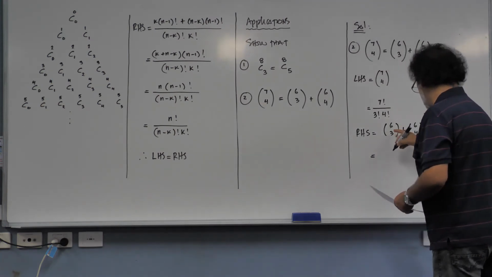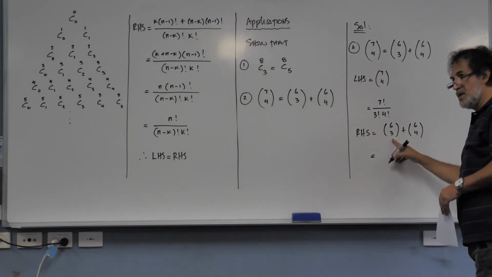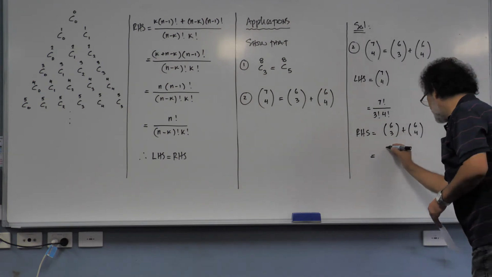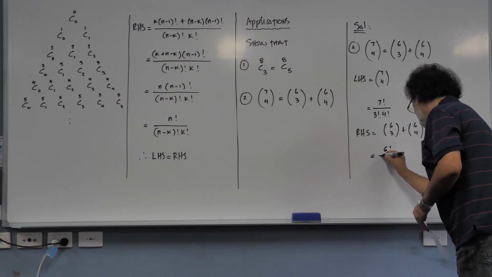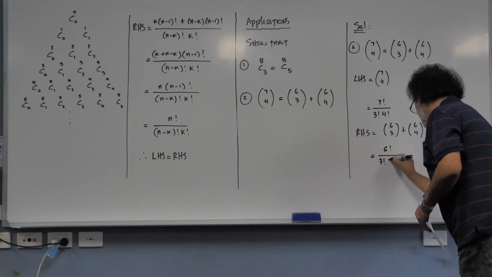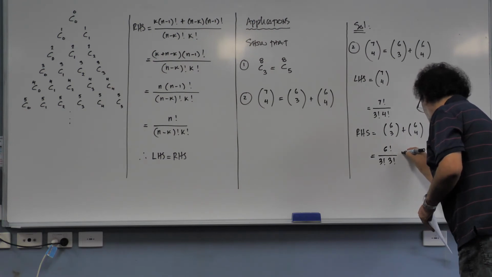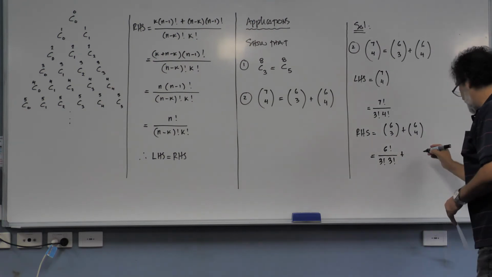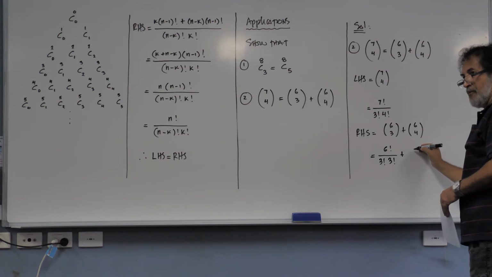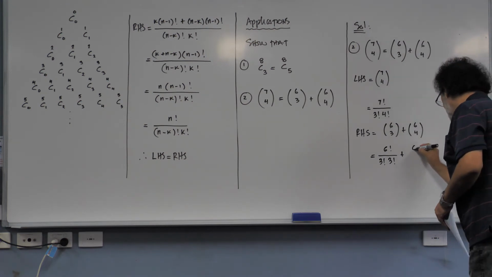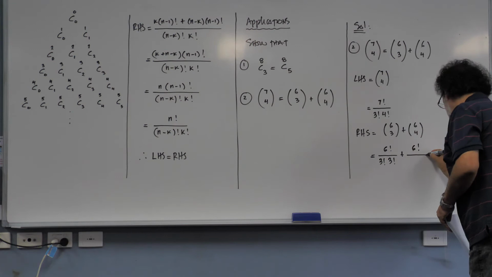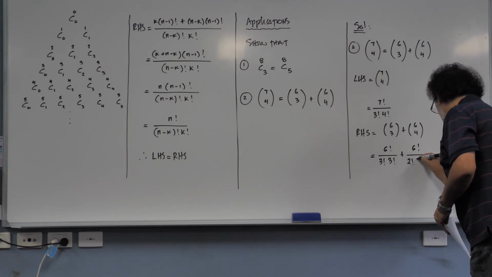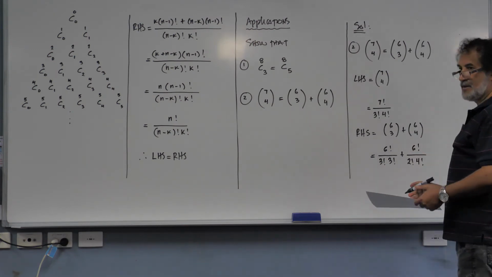Ella, tell me what is the answer for that one. 6 factorial over 3 factorial times 3 factorial. Very good. And the next one? So 6 factorial over 2 factorial, 4 factorial.